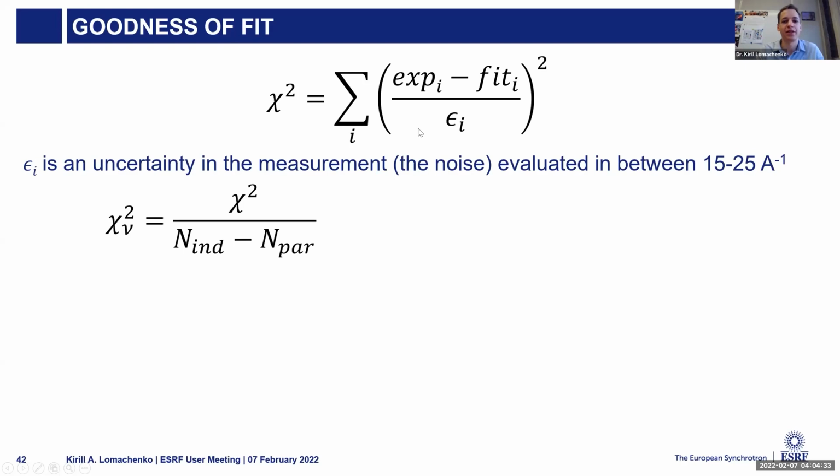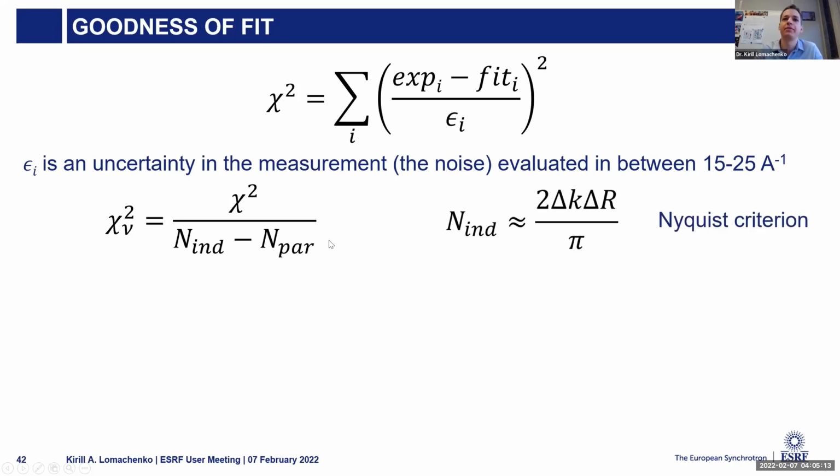Okay. So then we also talk about reduced chi-squared, because the more parameters you use for your fitting, the better your result may be, but it can be not justified, right? You can get a better result not because you describe your properties better, but just because you have more parameters. So in order to take this into account, the reduced chi-squared was introduced, which is basically chi-squared divided by the difference between the number of independent points and the number of parameters that you use in your fitting.